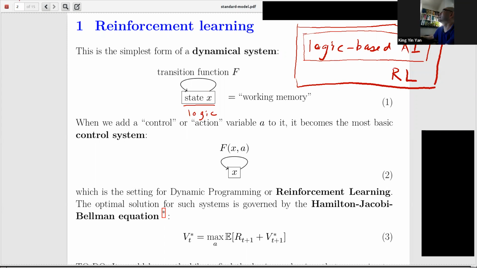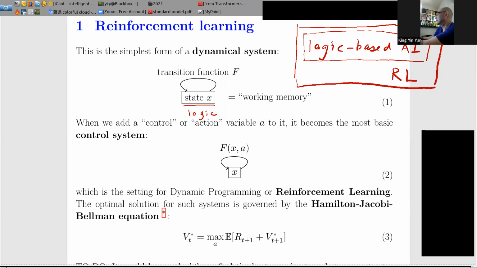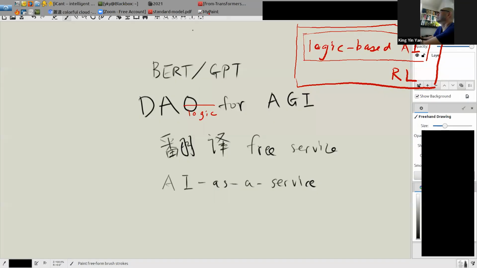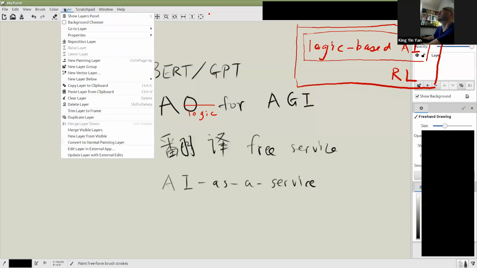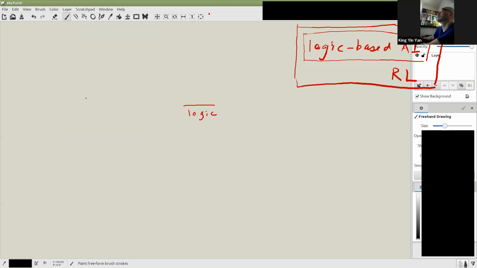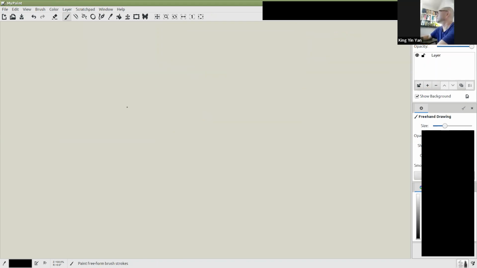So maybe I explain very briefly. Let me clear the window. Okay. So it's called logic-based AI, and basically you have the knowledge base, and I usually draw it like this.